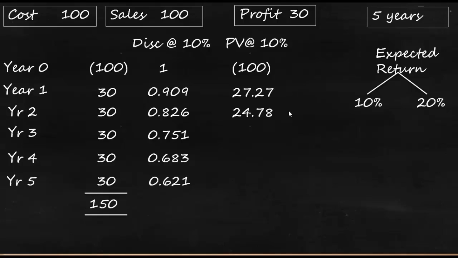And 30 rupees received after 2 years is equal to 24.78, and the list goes like this. So this is the money received over a period of 5 years. Now look at the total. Total is 113. What was the money actually received? It is 150, but the present value of 150 is only 113.